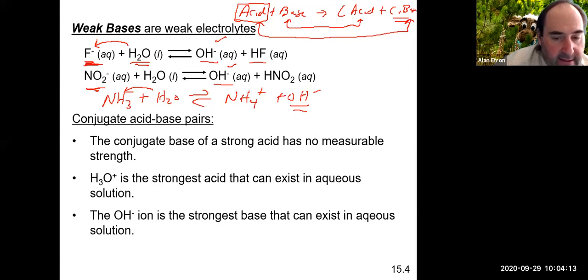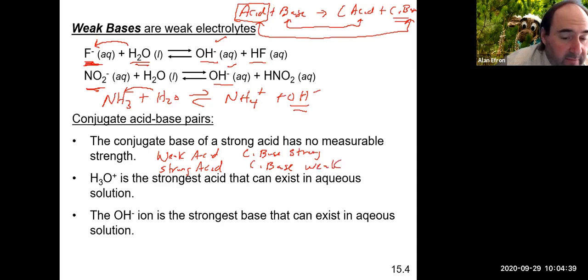And if the acid is a weak acid, its conjugate base will be relatively strong. So there's an opposite relationship between those two things. So if you have a weak acid, its conjugate base will be relatively strong. And if you have a strong acid, its partner on the other side, the conjugate base, will be relatively weak.